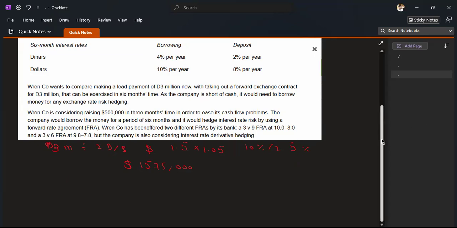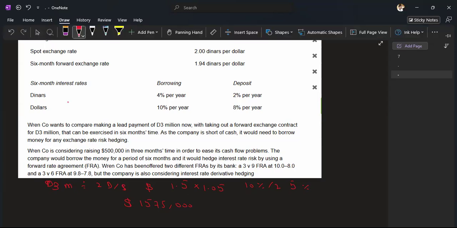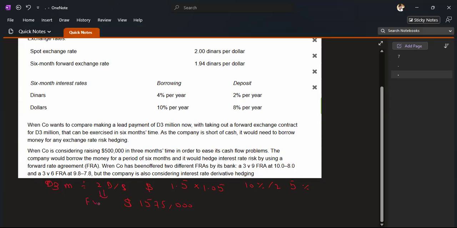The other rate which was available. This was with the help of the forwards.